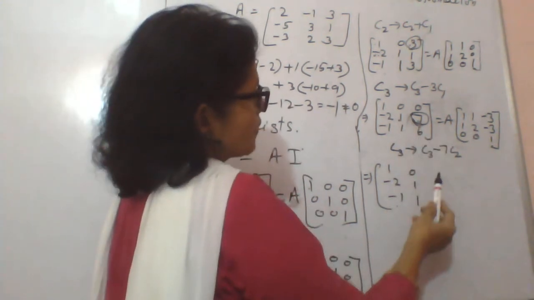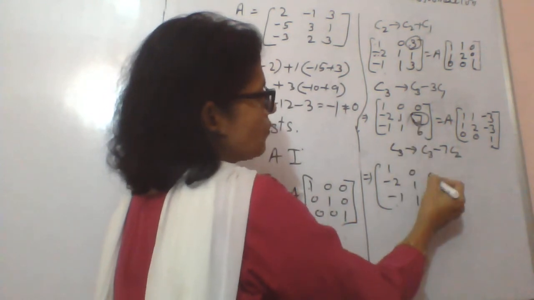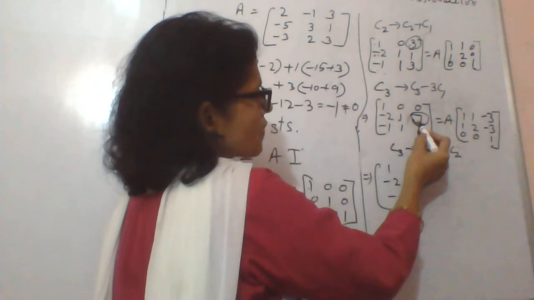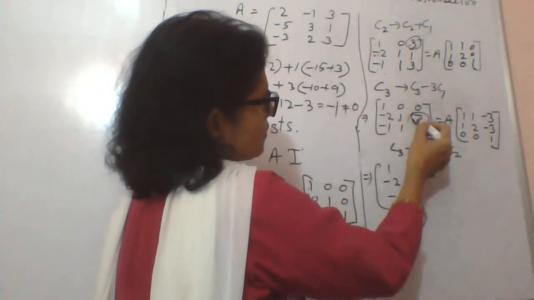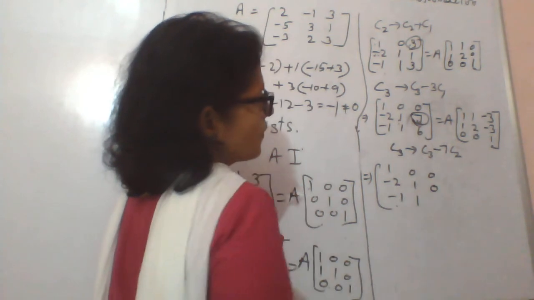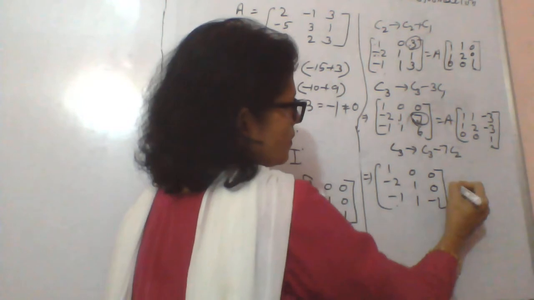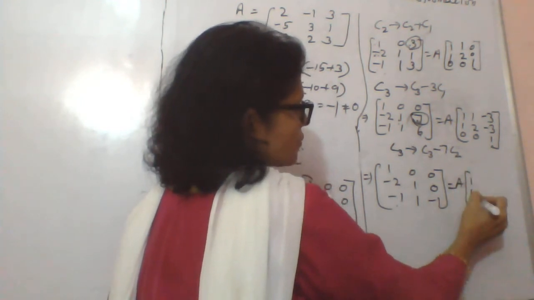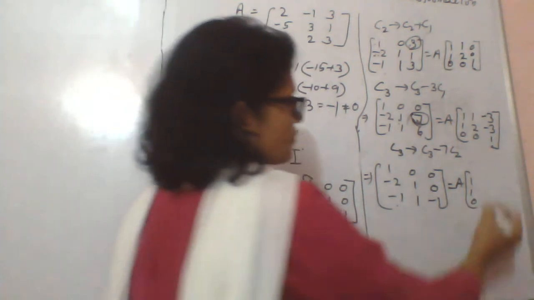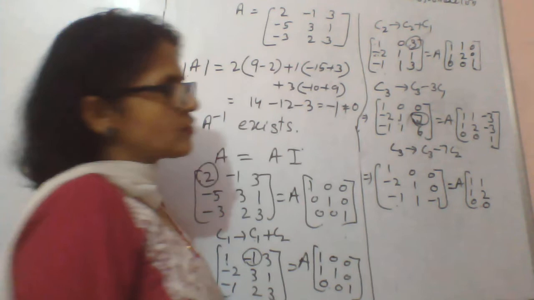So if you write here C3 minus 7C2, 0 minus 0, 0. Now 7 minus 7, 0 here, 6 minus 7, minus 1, equal to A into 1, 1, 0, C1 intact, 1, 2, 0, C2 also no change.